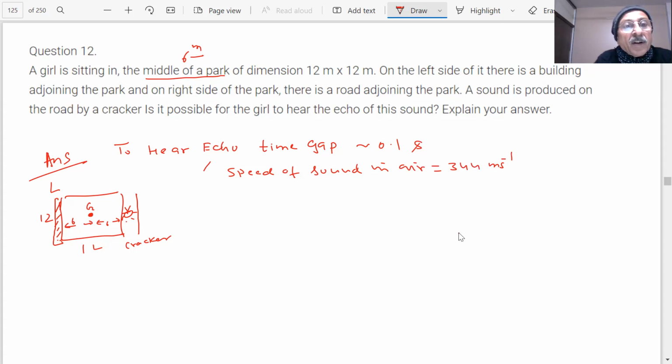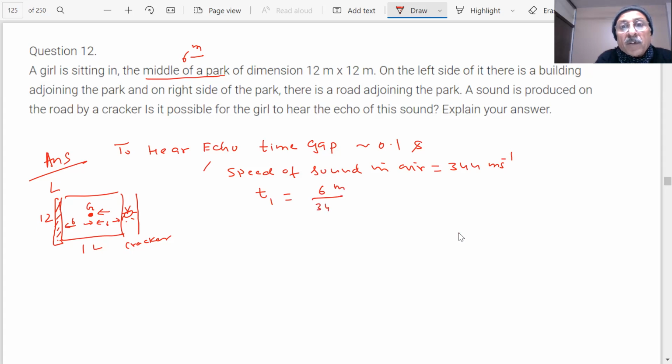So if that sound reaches the girl through air directly without reflection, that will be 6 meter distance. Then what will be the time? T1. How much is distance by time? What is the distance? 6 meter. Yes, sir.